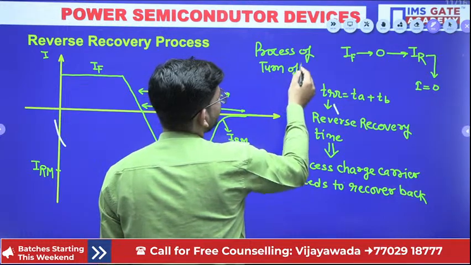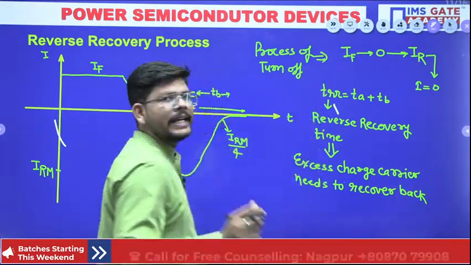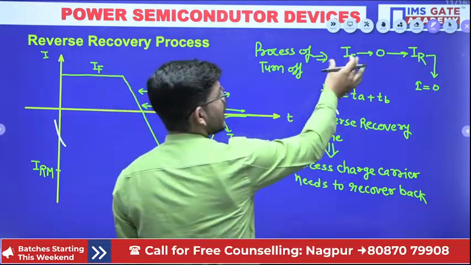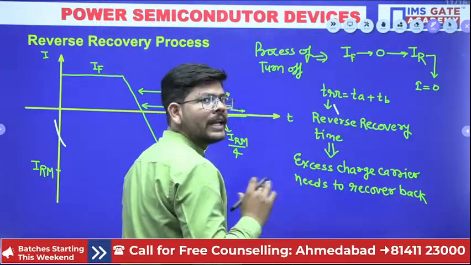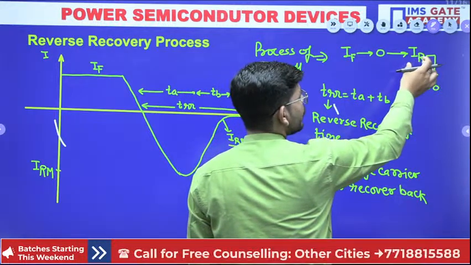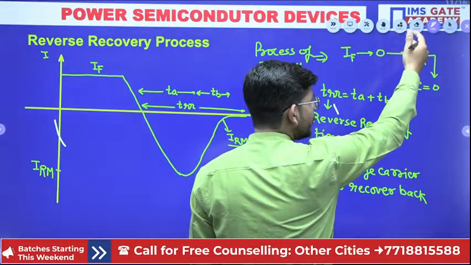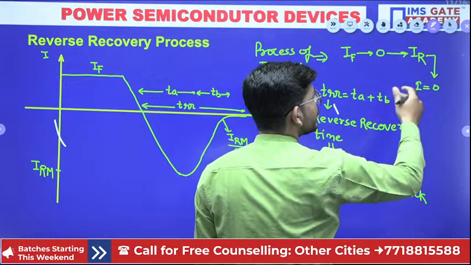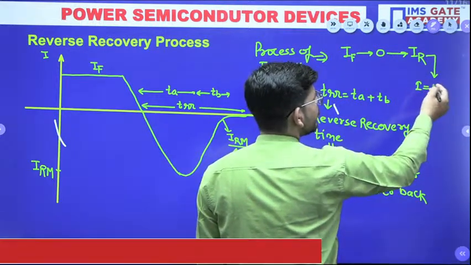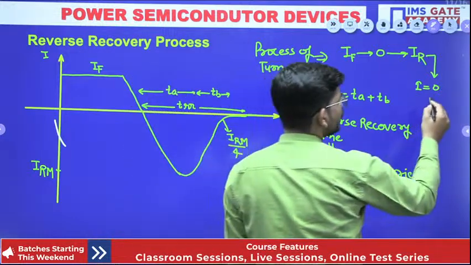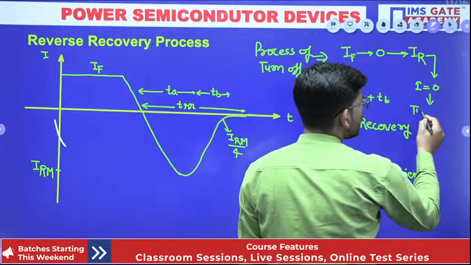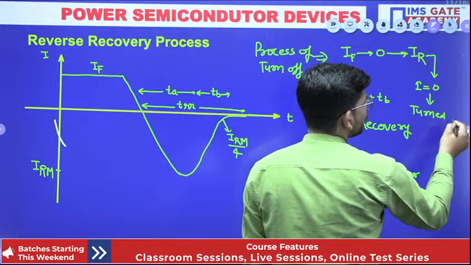What is the process of turn off? First of all, you will apply a negative voltage. Earlier we have a forward current flowing, then this forward current will reach 0, and then there will be a reverse current building up in the negative direction, and then after reverse recovery this current will reach 0, and finally when the current becomes 0, we will say that the device is now turned off.